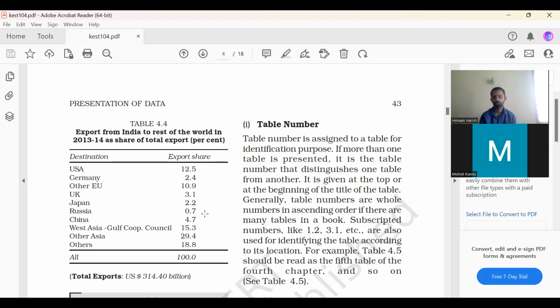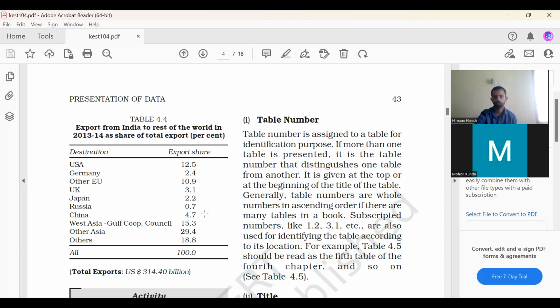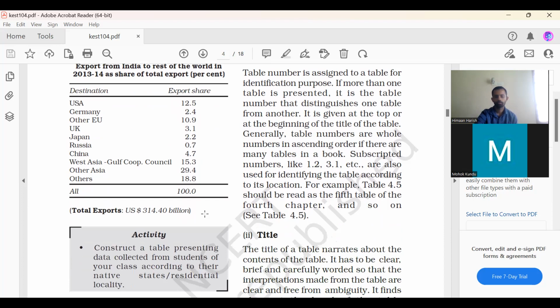The export share in 2013 to 2014 is less to Russia because it is only 0.7%, whereas it's the highest to other Asia. India exports only 4.7 percent of total exports to China as well. Japan has 2.2 percent. So total exports are 314.4 billion US dollars.